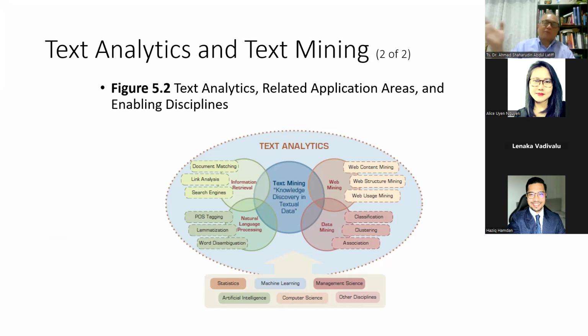We tag a part of speech, and then we do lemmatization, we do word disambiguation, because remember I mentioned to you just now, when it becomes information, it is more ambiguous, it's more fuzzy. So we need to disambiguate it. For example, certain words have multiple meanings.